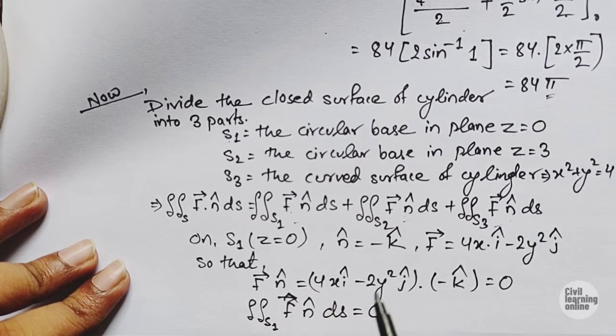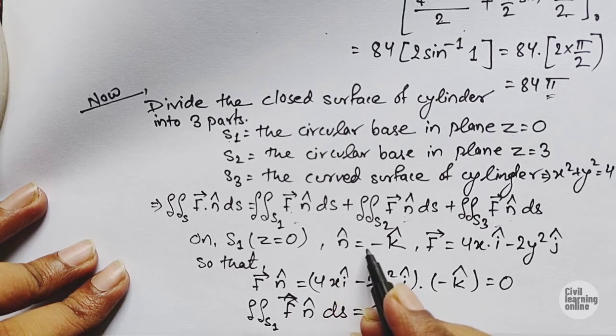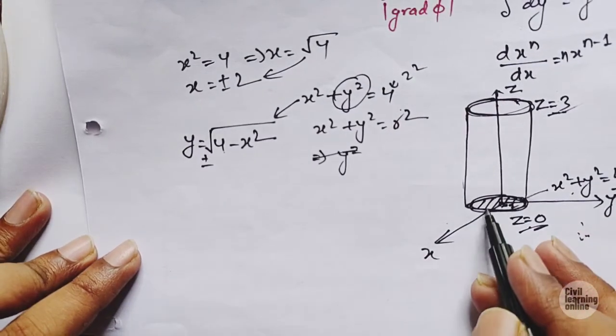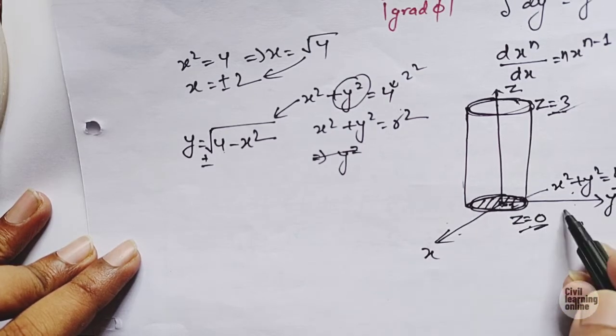If z equals 0, then the unit vector n cap equals minus k vector, because the first surface is on the xy plane.